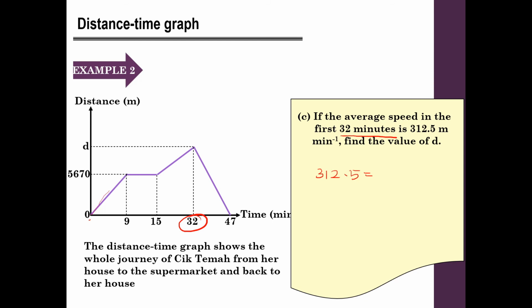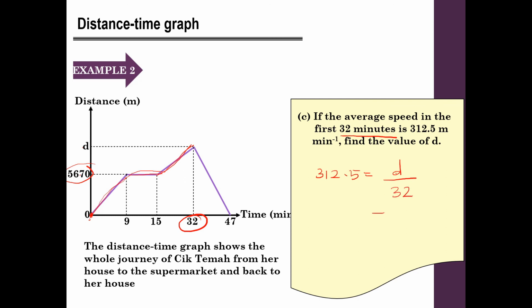From here going here is already 5670, here to here is 0, and then from here to here is D minus 5670. Or we can see that going straight from here to here is equal to D. So the total distance for the first 32 minutes is D, over the total time taken, which is 32.